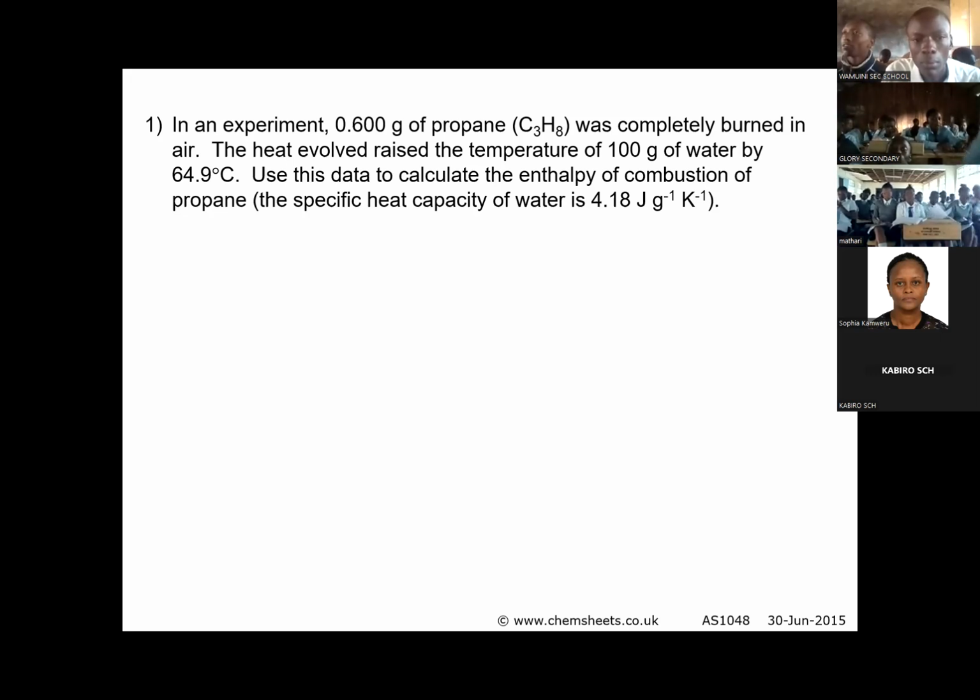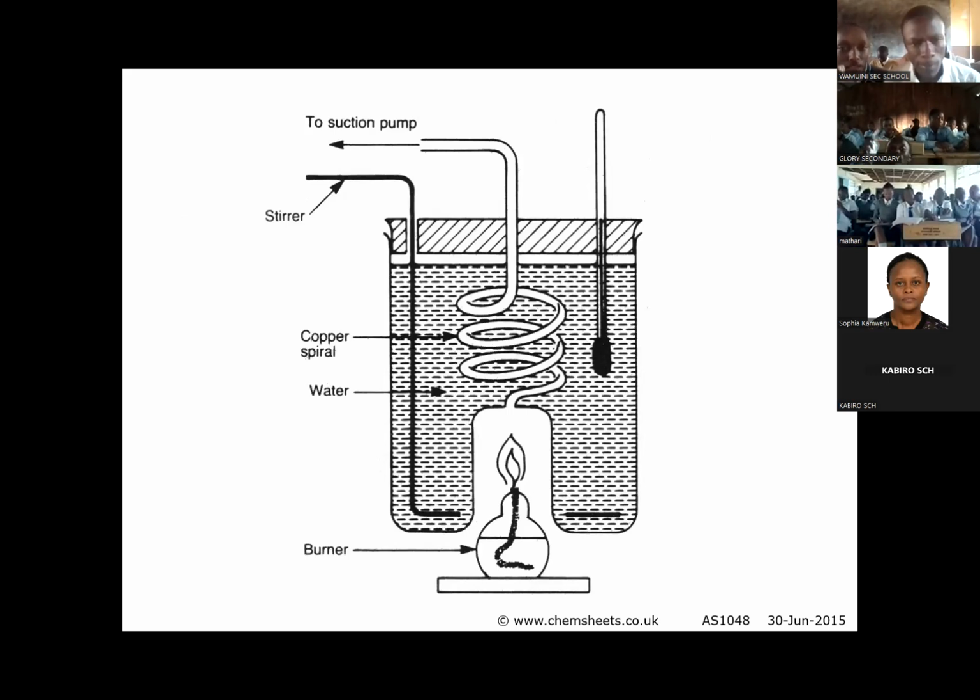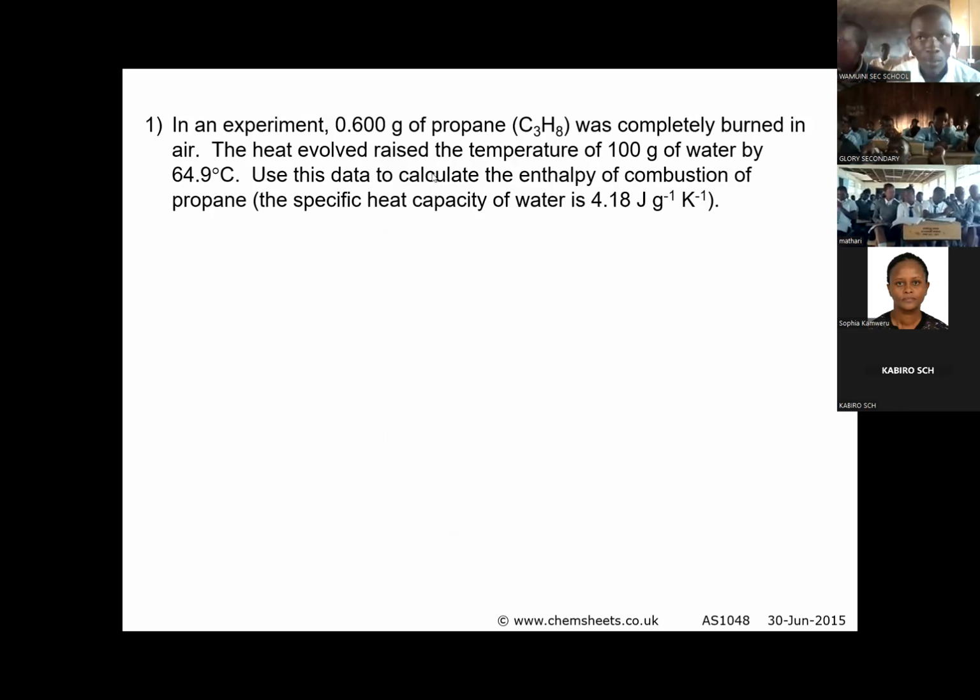The heat evolved raised the temperature of 100 grams of water by 64.9, and the specific heat capacity is 4.18. So you should all be able to work out. So this is like this one here. So the propane is burning here, and it is raising the temperature of 100 grams of water.